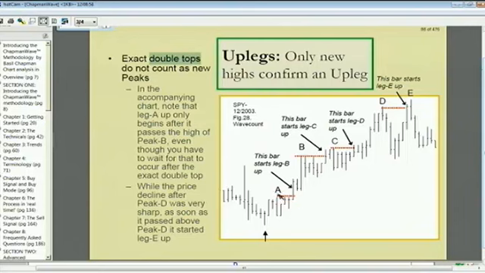Each little double top, if it's pierced, takes you right to the next leg, which will be leg B going up until that becomes a peak B. And until that peak B is taken out, or if it breaks below the starting point, that negates the whole thing. But if it just pulls back some and then goes a penny higher, that becomes leg C, etc. So this is the CD.